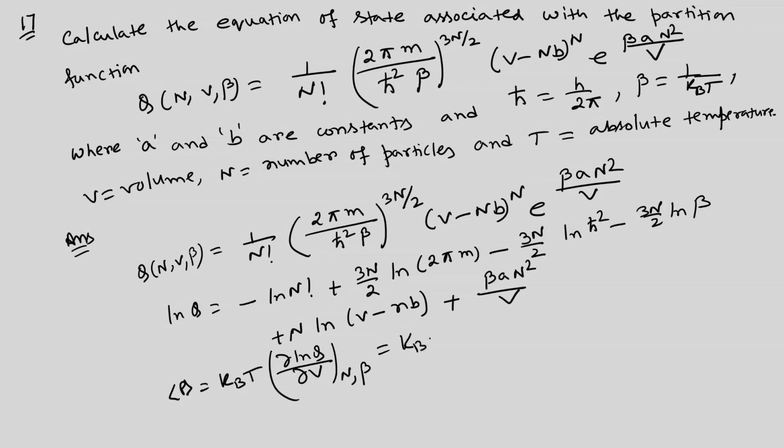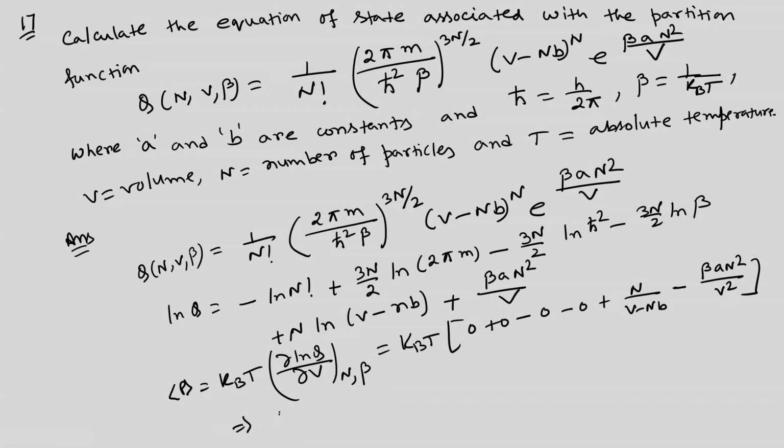If we differentiate ln Q with respect to V, the first term gives 0, second term 0, third term 0, fourth term 0, fifth term gives us n by (V minus nb), and the last term gives us minus beta a n squared by V squared.